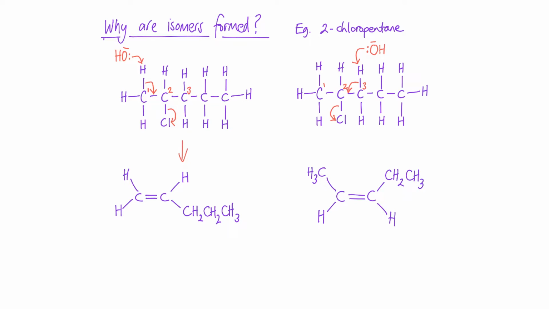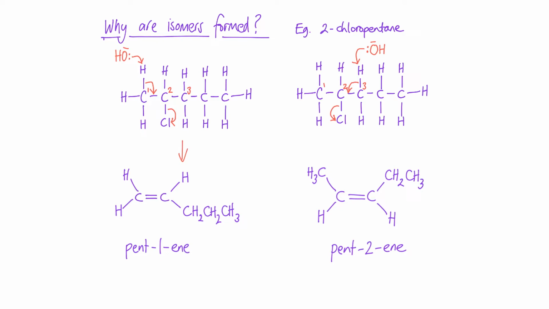So what we have now is pent-1-ene and pent-2-ene, and we can also see that pent-2-ene could exist as 2 stereoisomers.